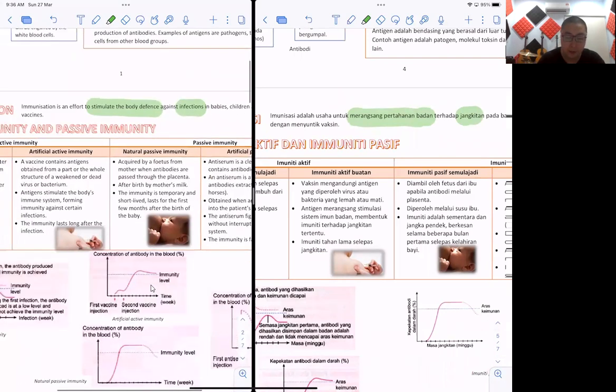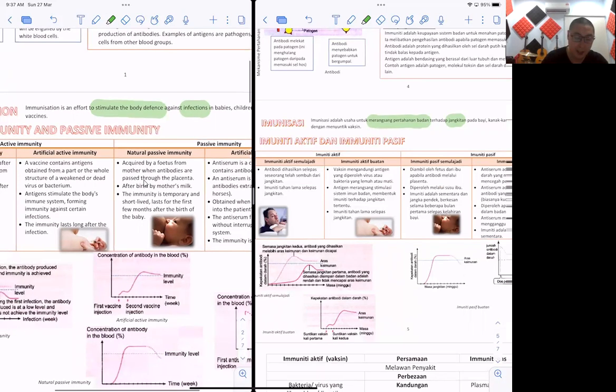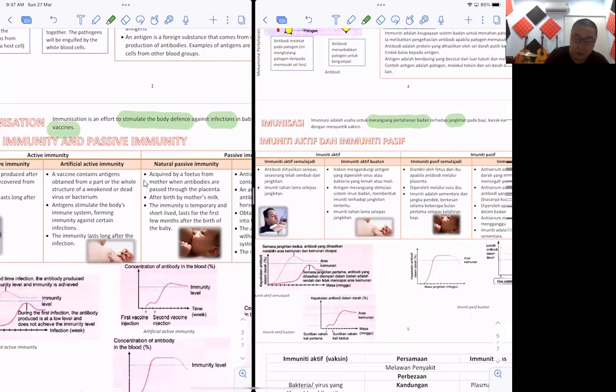So when you look at this, what immunization does is arm your body against infections. All right, so by doing what? This is the very beautiful keyword right there, vaccine. Okay, we will come to that later on.